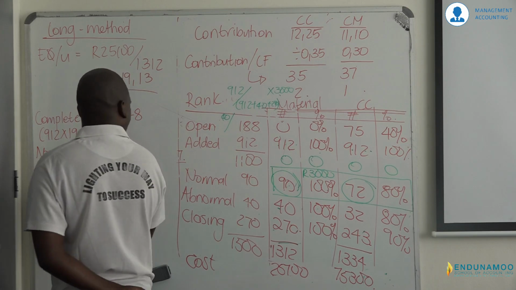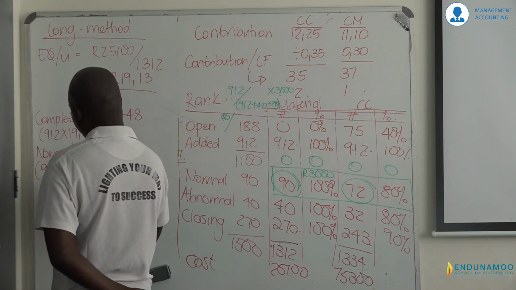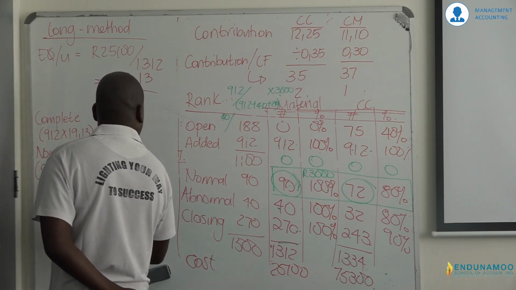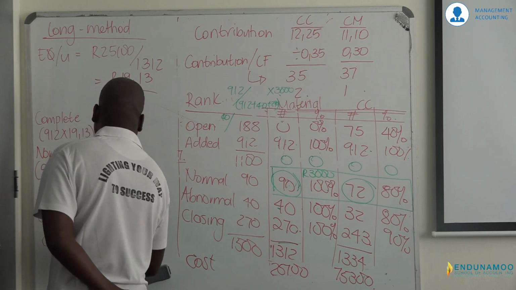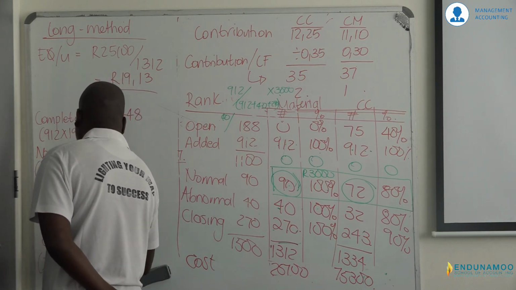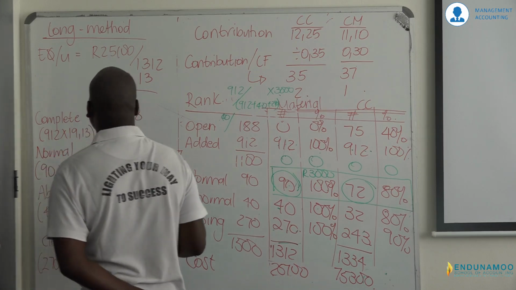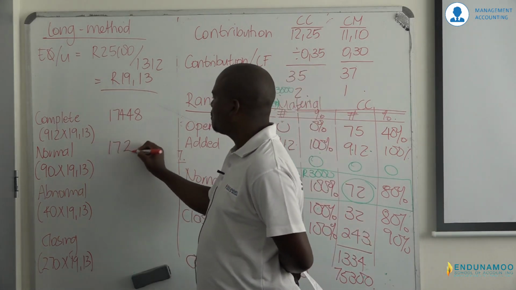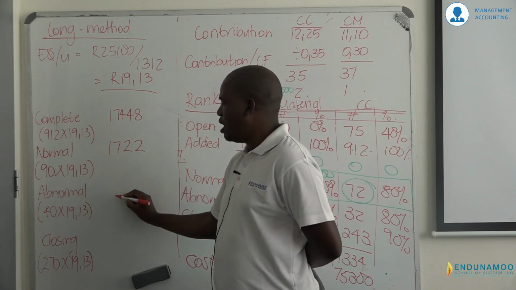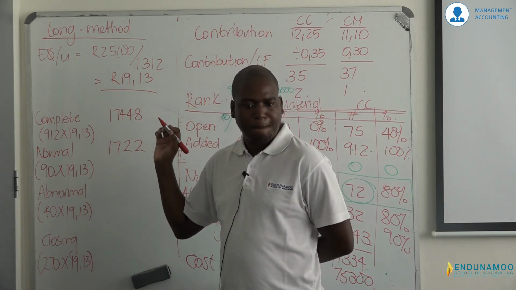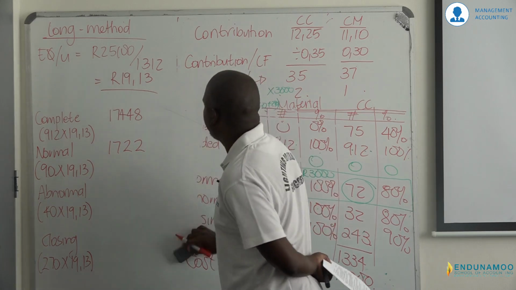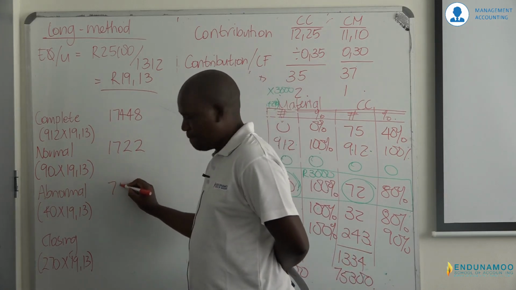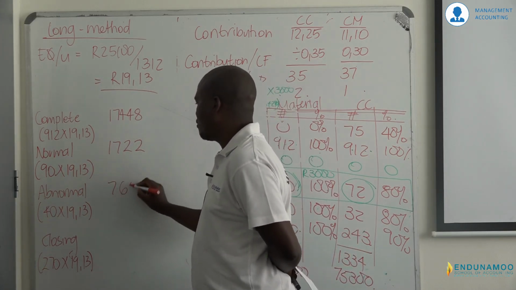Then to normal, it's 1722. Abnormal. Lastly, closing.